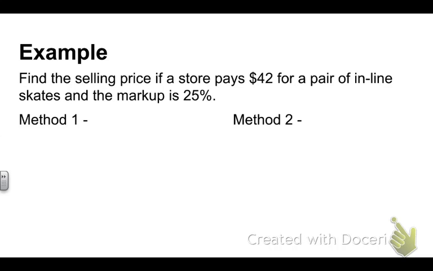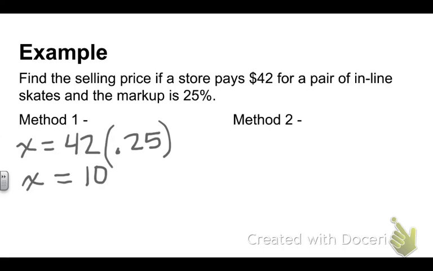Our example: find the selling price if a store pays $42 for a pair of inline skates, where the wheels are all in a row, and the markup is 25%. For the first method, we take the price, $42, and multiply it by our percentage, 25%, changed to a decimal, 0.25. Multiplying that out, the markup is $10.50.